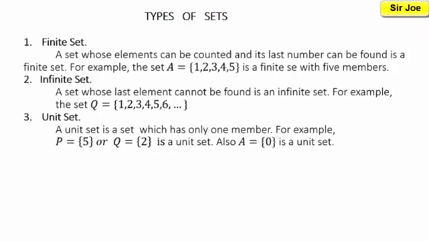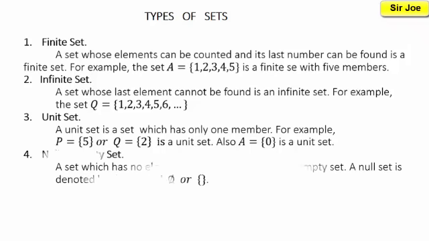You see that P has only one element, which is 5. So P is a unit set. The same way Q equals {2} is also a unit set. Also, A equals {0} is a unit set. Yes, 0 is an element. Don't tell me it's 0, so it's an empty set. No. 0 is a number and it's an element of a set. So A equals {0} is a unit set.